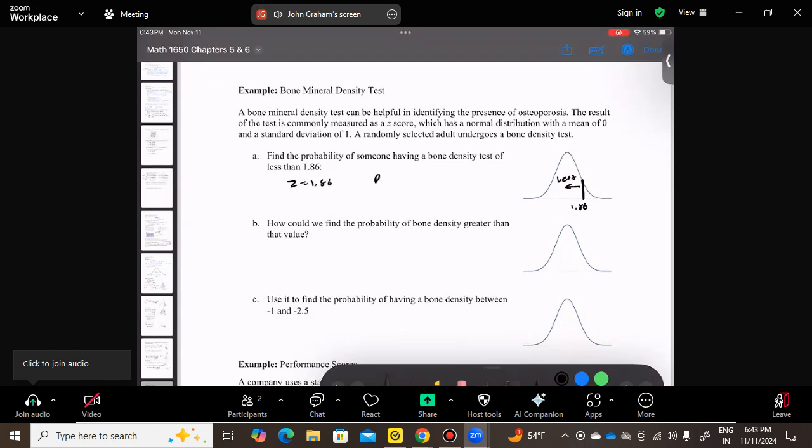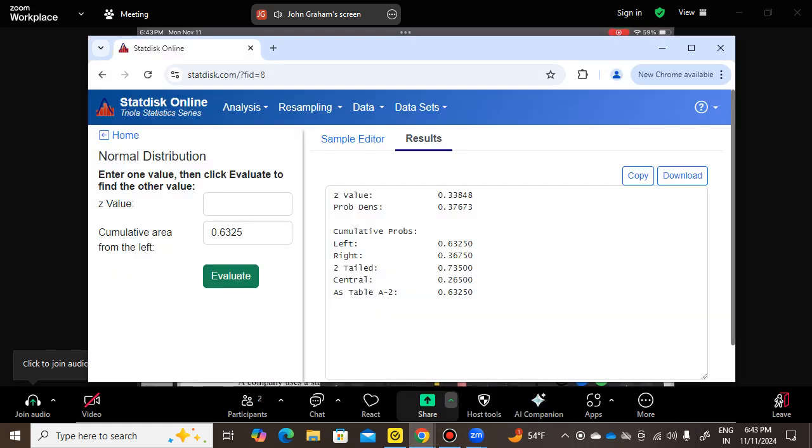Probability of z being less than 1.86 equals 0.96856, or 96.9% chance.